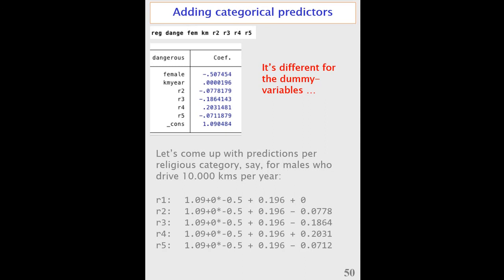So none of these coefficients enter the equation. So my prediction in this case is exactly this number. I didn't calculate the actual number, but this is how I would calculate it. Same thing for each and every one of the other categories.